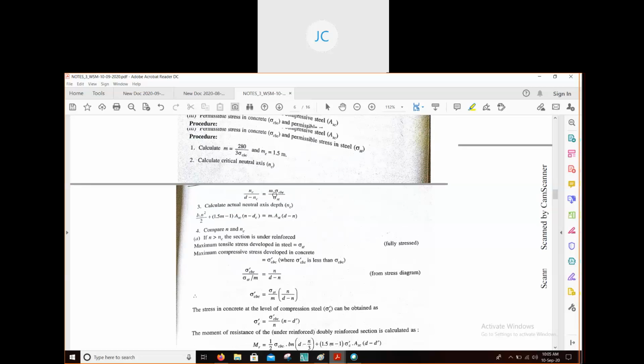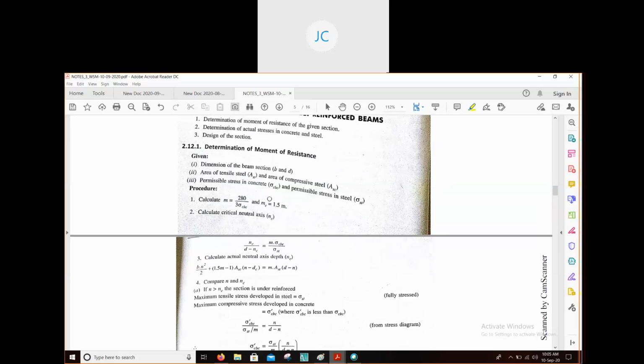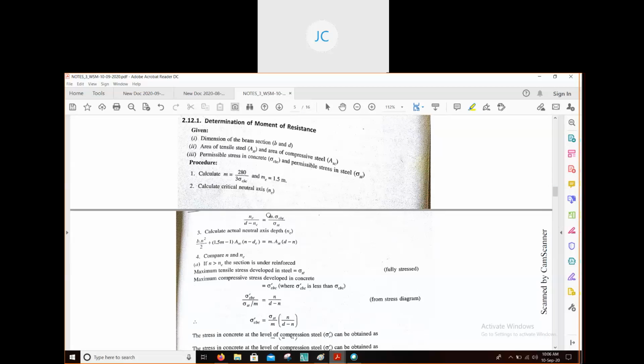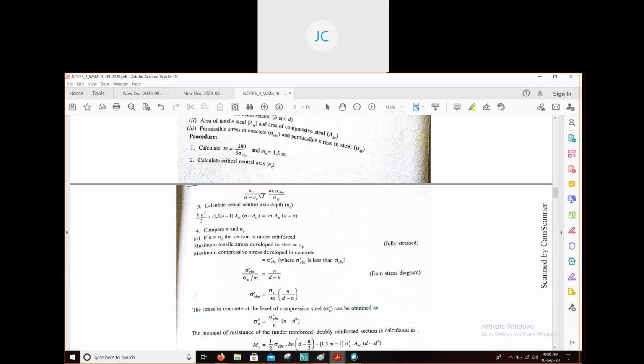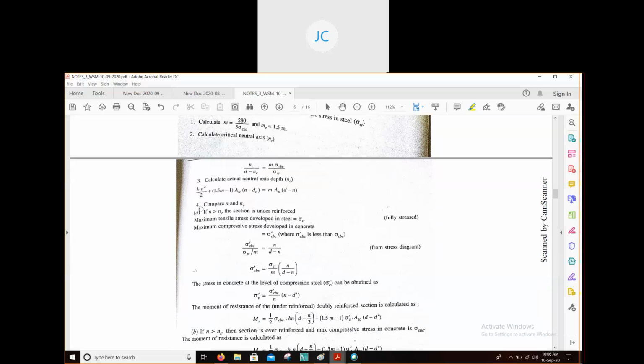First we need to find the actual neutral axis and critical neutral axis by these two formulas. By this formula you will get the critical neutral axis, by this formula you will get the actual neutral axis. Next, similar to the previous problems, we compare the values of actual neutral axis and critical neutral axis.